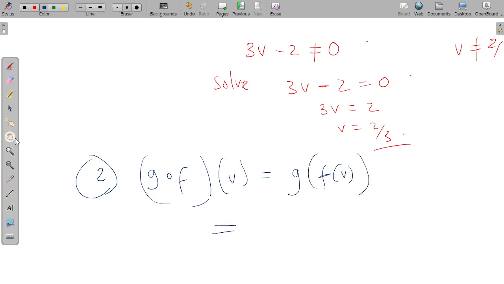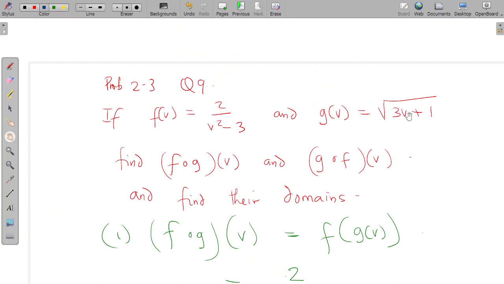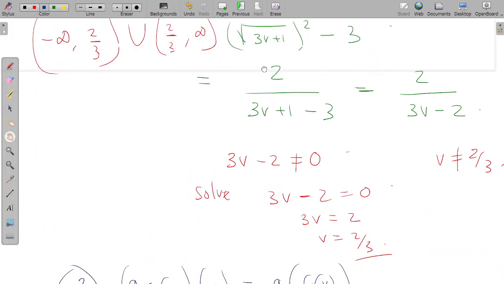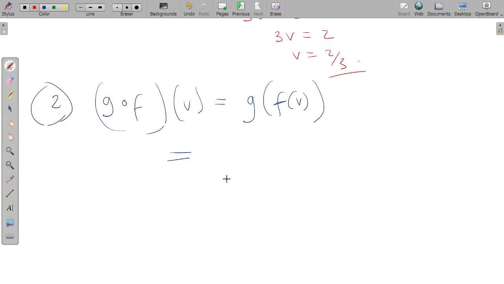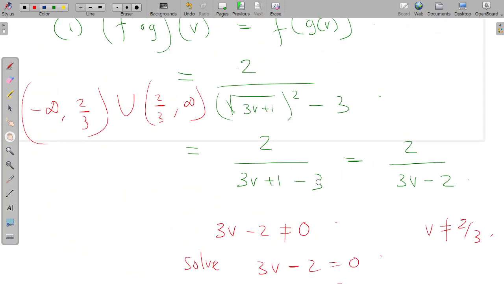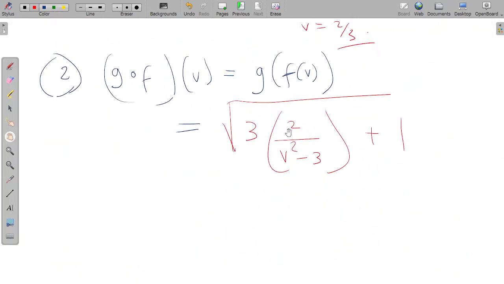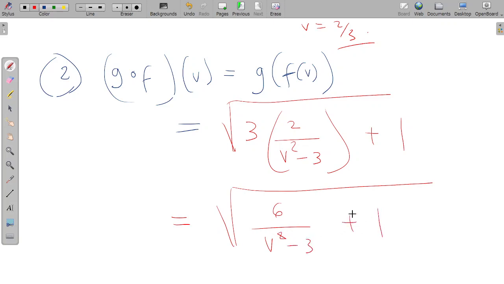Okay, so when we put f inside g, that will become root 3 times 2 over v squared minus 3, plus 1. I think so. Let me check again. So we have plus 1. Yeah, minus 3 plus 1. Then we must simplify that. To simplify that, we have 6 over v squared minus 3 plus 1.